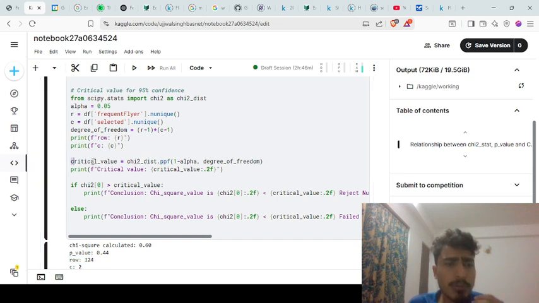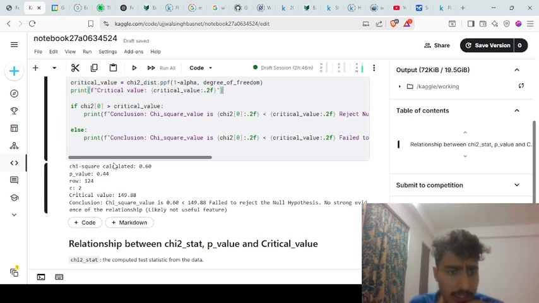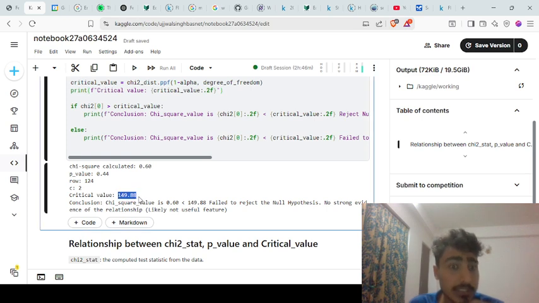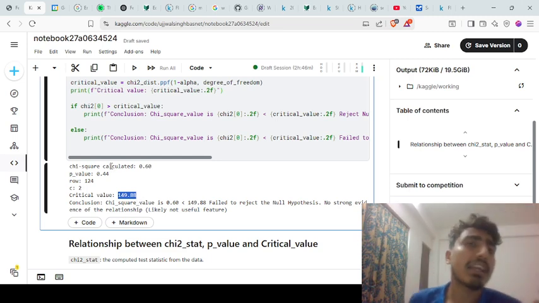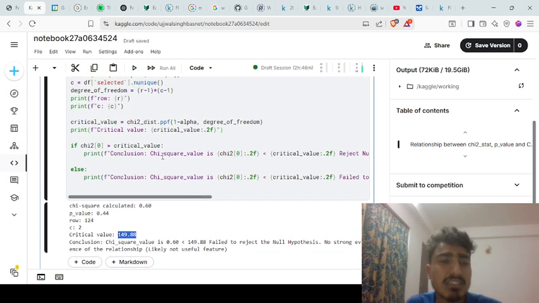Here we have computed the critical value, and this is the logic behind calculating it. The critical value comes out as 149.88, which is high in this dataset, but the critical value varies from dataset to dataset, so that's not a big deal.